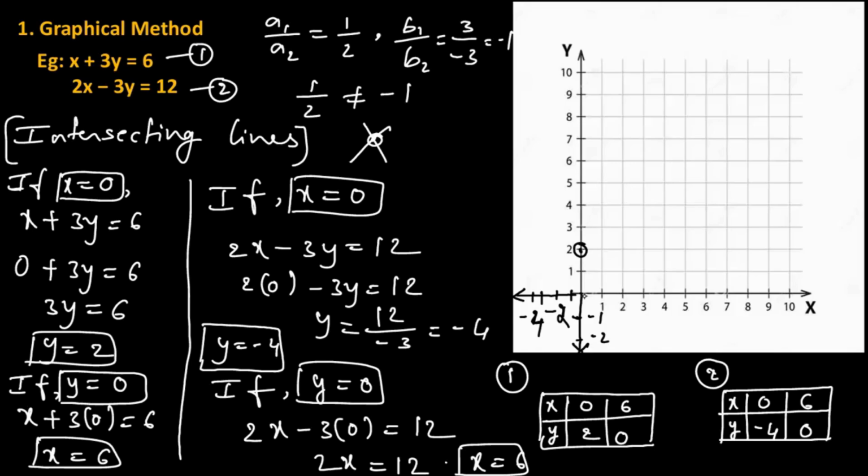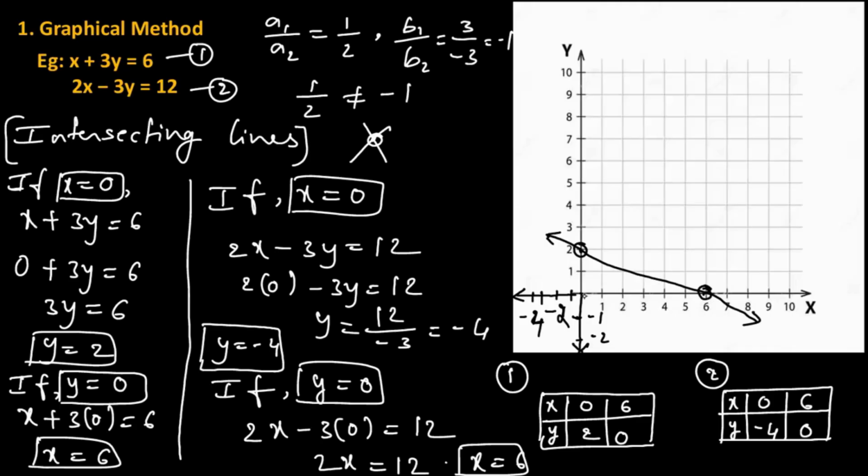And one more thing, when x is equal to 6, y is equal to 0. Here one more point you get. So join these 2 points first, like a straight line, use a scale.